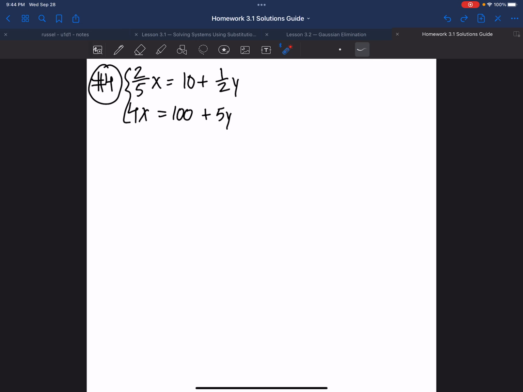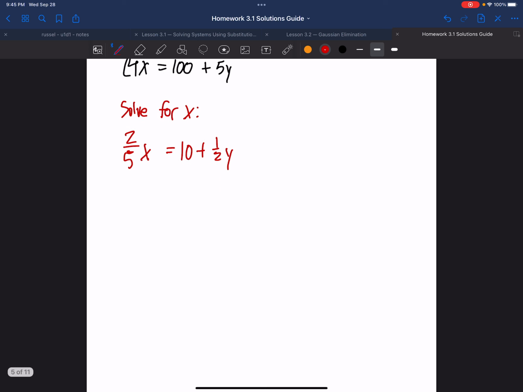So what I'm going to do is, let's just solve for x here. Let's just solve for this first x. It's arbitrary. It doesn't matter, right? So I got 2/5 x equals 10 plus 1/2 y. How do you do this?